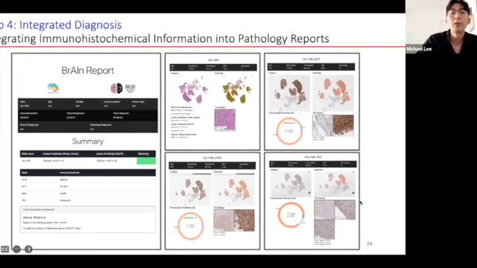And just bringing it all together, the last thing that our group wants to do is compile all these computational tools and the results that we gain into a visually appealing report. And it would be generated in an automated fashion. So this was a prototype of what we envisioned our report would look like, that is similar to how pathologists would write a report at the end of a diagnosis.